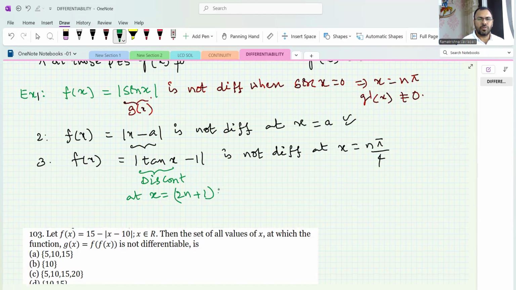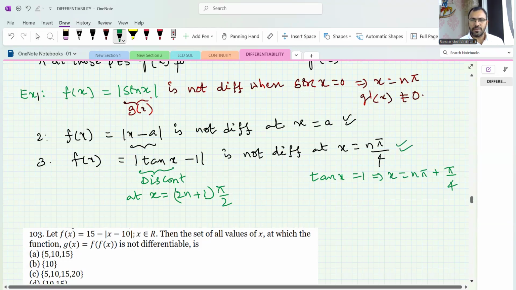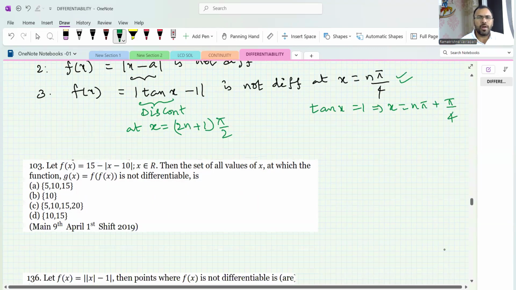I have to include these points, not only those where it is not differentiable at x equal to n pi by 4. Since tan x equal to 1, you will get x equal to n pi plus pi by 4. Combining these two results, you will get x equal to n pi by 4, including points of discontinuities.